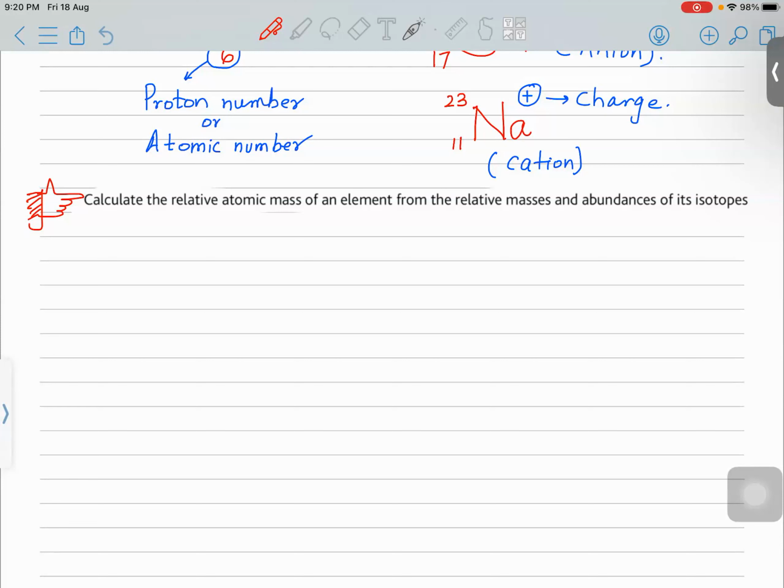For example, hydrogen relative atomic mass is 1. Similarly, relative atomic mass of chlorine is 35.5.